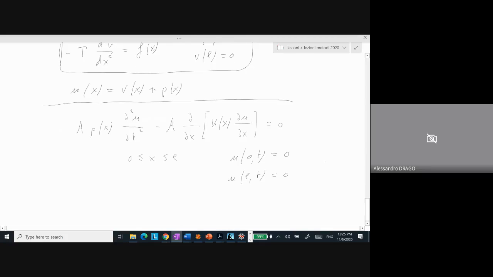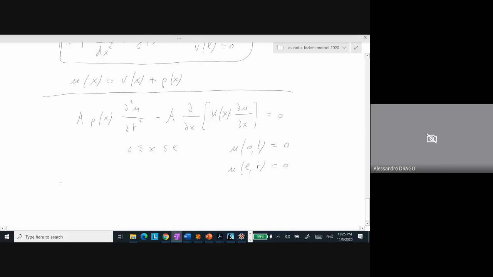So this is our equation, and essentially we want to transform this equation in order to show that the solution of this equation corresponds to the minimum of a certain potential. So let's see how to do it.